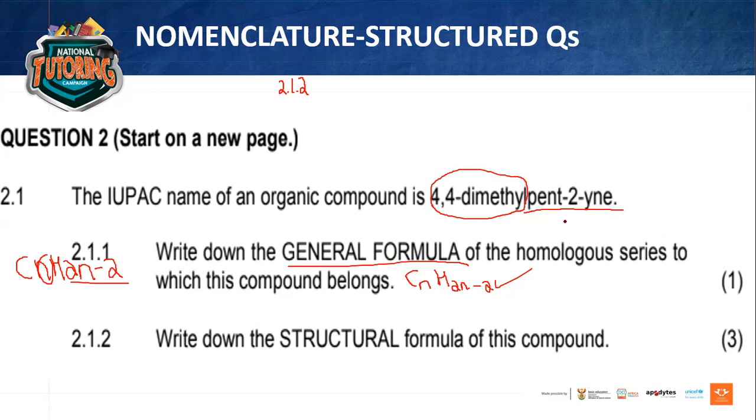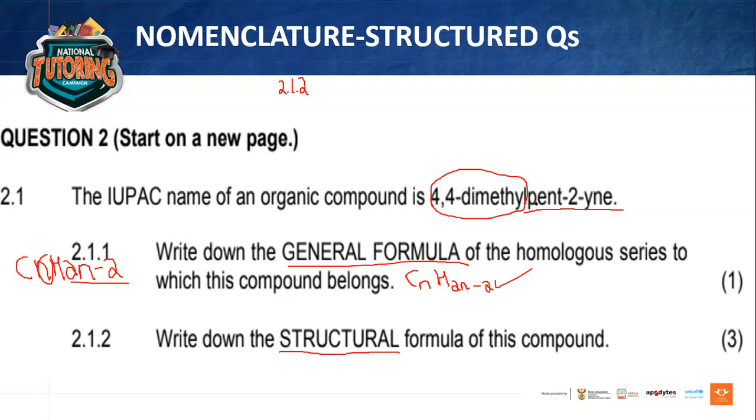So every time you draw a molecule, you have to start with the parent chain. And they said a structural formula, not a molecular formula, not a condensed structural formula. It means I must show all the atoms and I must show the bonds between the atoms.